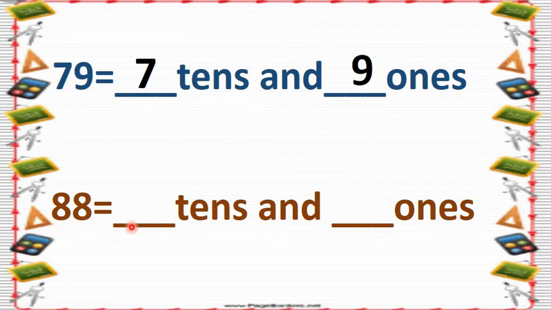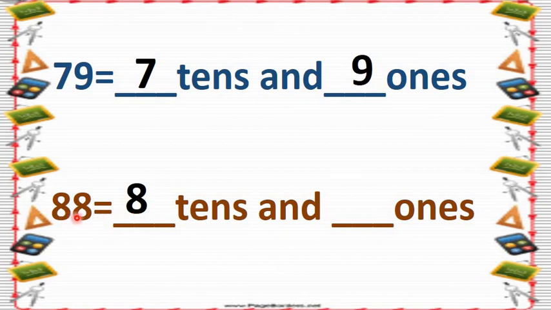88 is equal to dash tens and dash ones. So here we have both the numbers same. How can we separate this? Think in your mind. First of all, number 8. We have to write 8 on the place of tens.